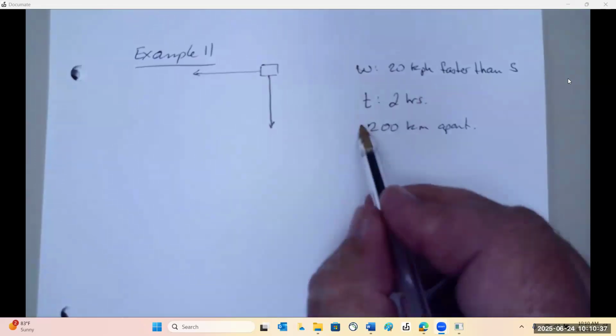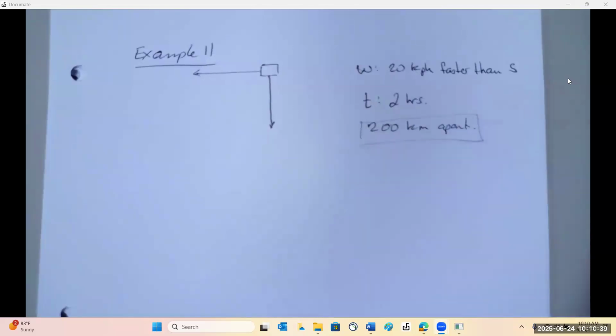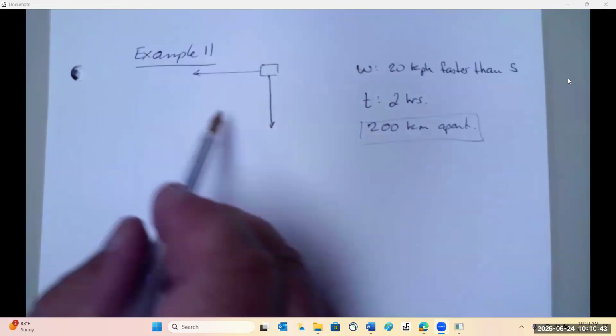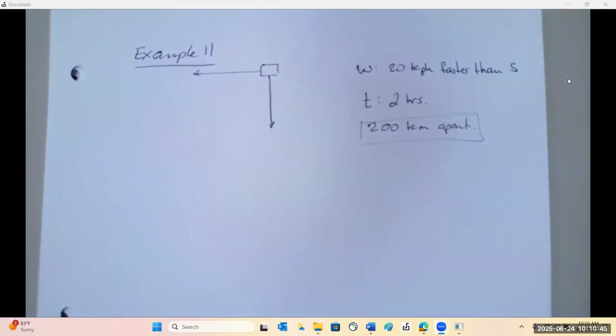So, what does it mean when they're 200 kilometers apart? From where? What am I looking at? From where to where? Which point?